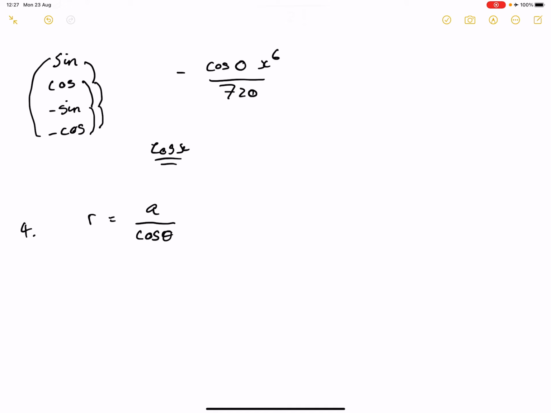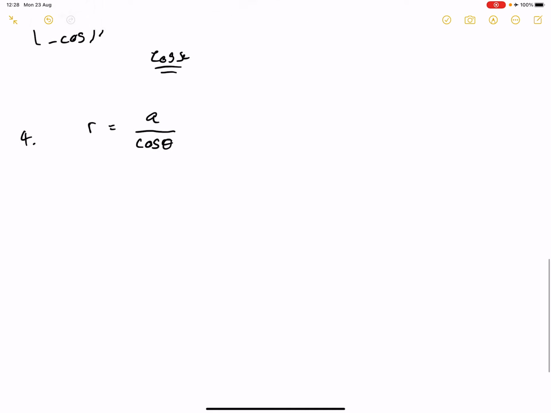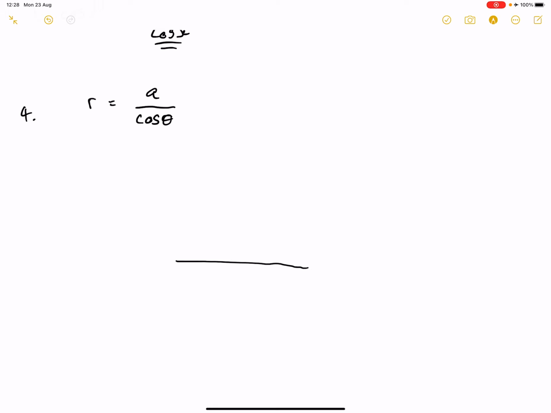So I'm just going to type that into my calculator. Pi by 6, which is 30 degrees. And so we're going to start with our line out here. This is our initial line, and I'll point out here, I said we'd sketch 1 over cos theta, but it will be a, because cos theta when theta is 0 is 1, so a over 1 is just a. Now, at 30 degrees, we have a size of 1.15, so that's out here.